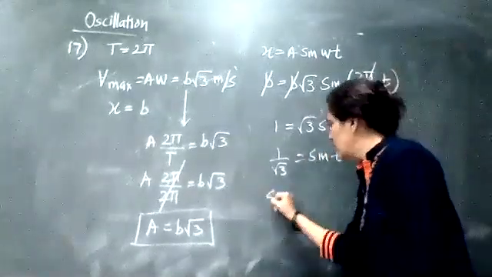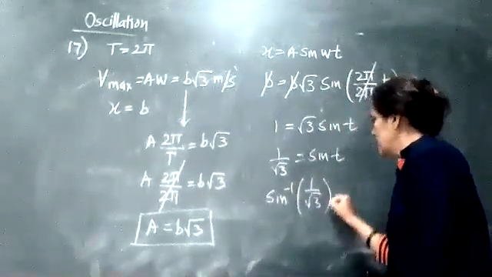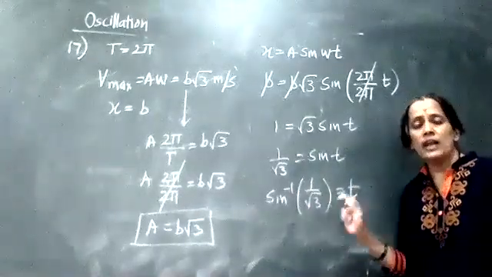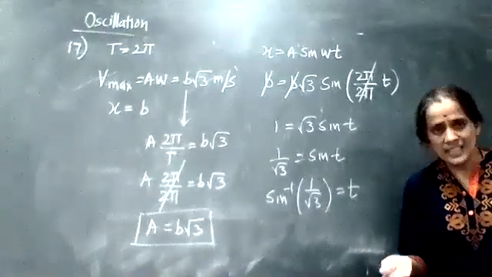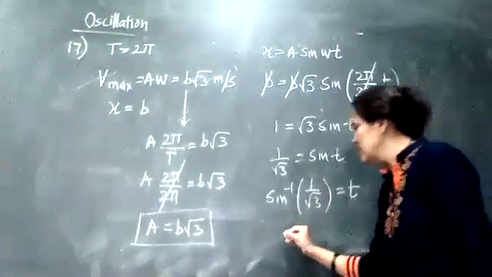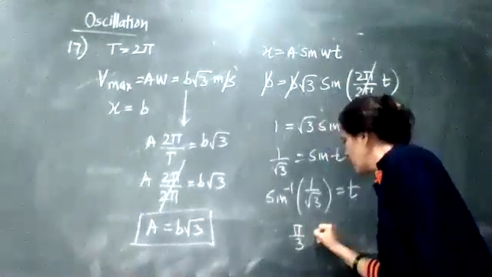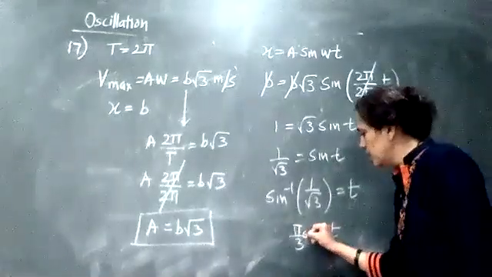Means I'll write sine inverse of 1 by root 3 is equal to t. And 1 by root 3 is the value of which sine angle? That is sine 60, and that I will write as pi by 3, which is equal to t. So your time required is nothing but how much second?